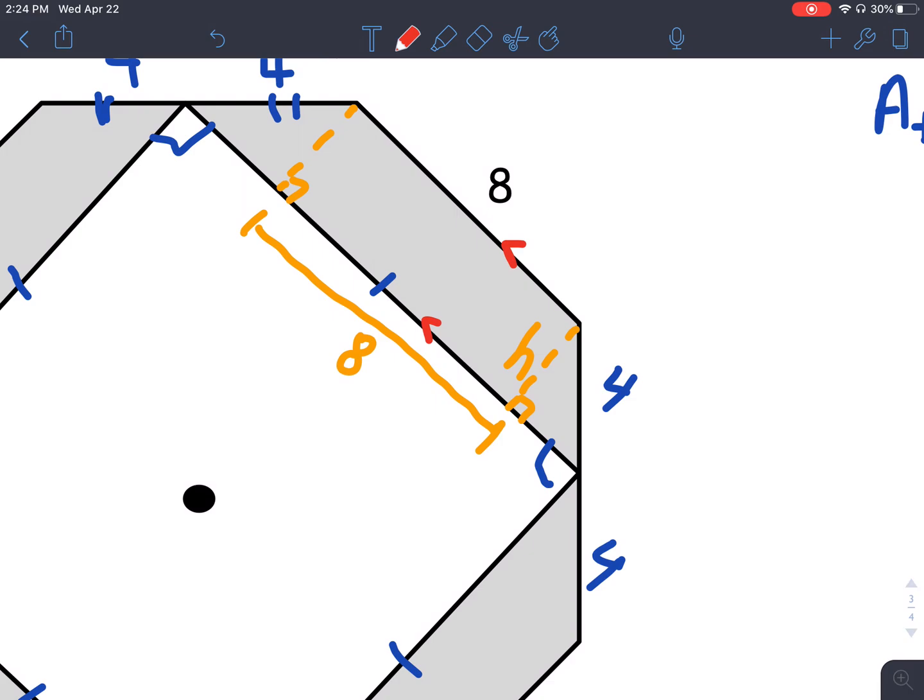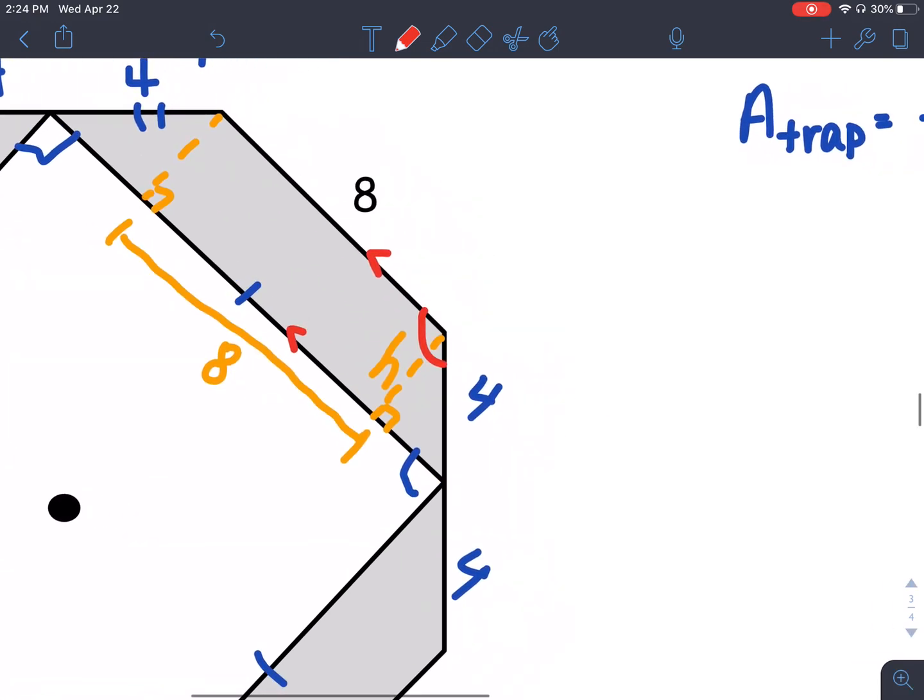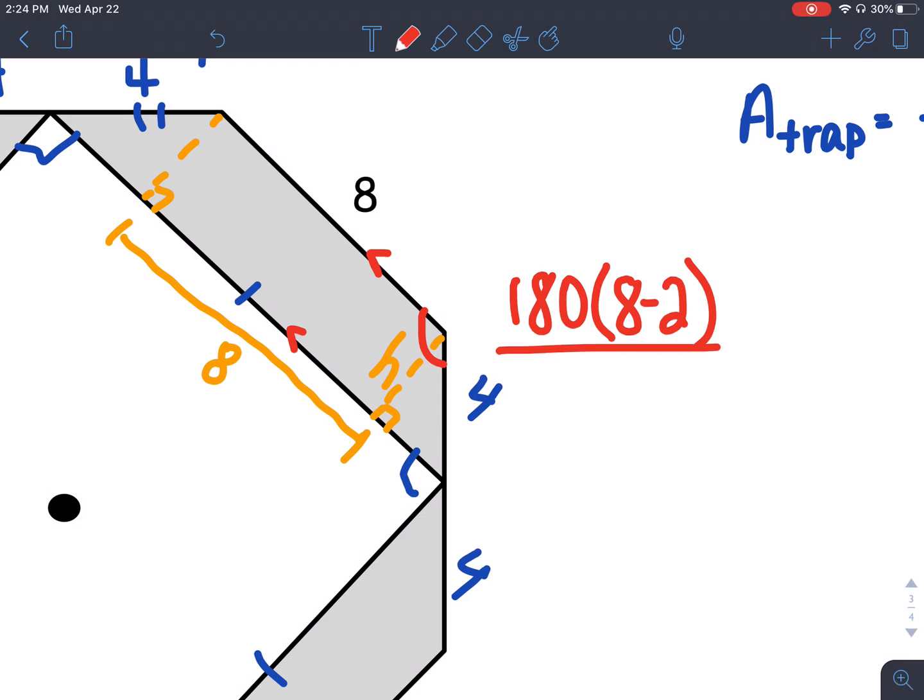So if I think about that whole angle, that is actually one of the angles of the octagon. So I know that that equation is 180 times, there's 8 sides, minus 2. And then since I am only trying to find one of them, I'm going to divide that by 8, which means that is 135 degrees.